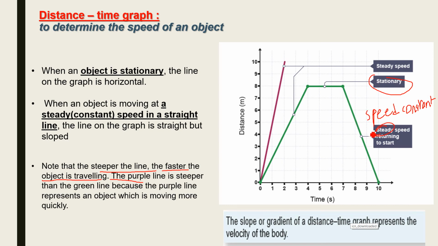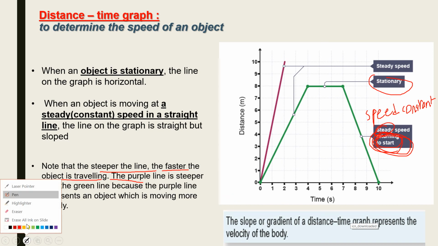So here the car is returning to its starting point, returning in the opposite direction. If we are talking about speed, it's a scalar quantity, it doesn't have any direction, so you will not put negative. Okay, if you are talking about speed.